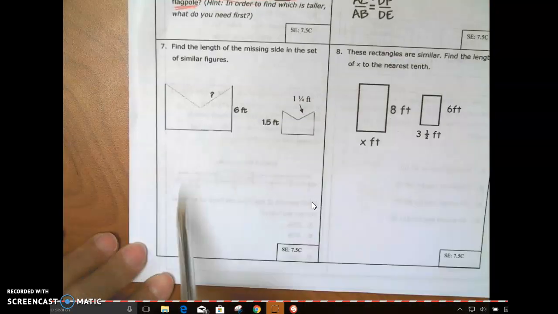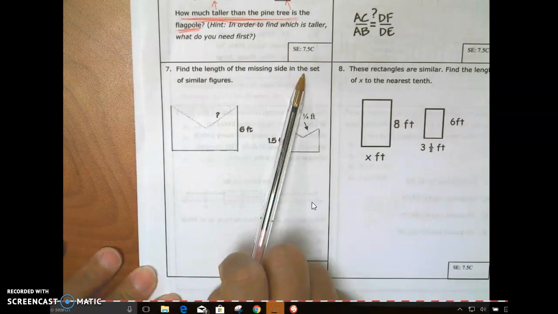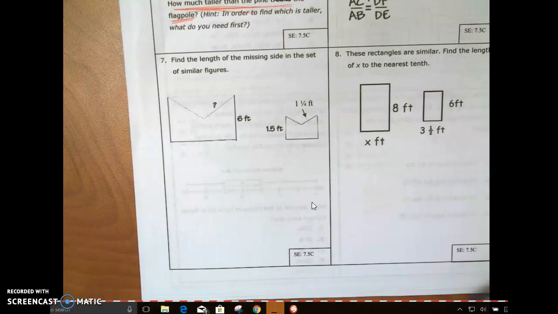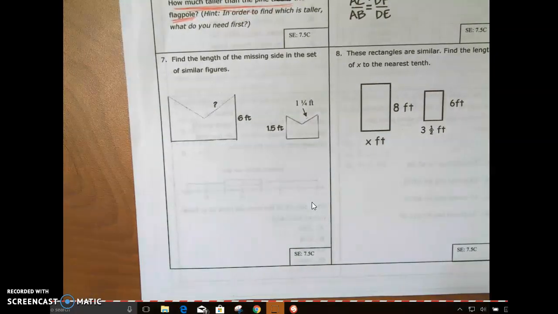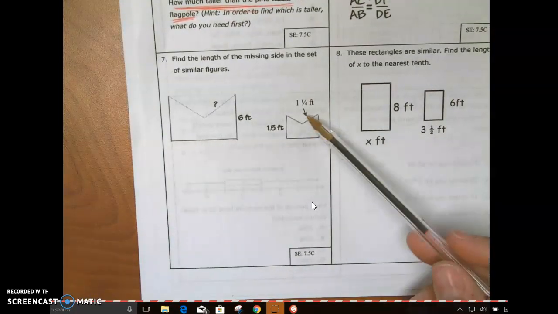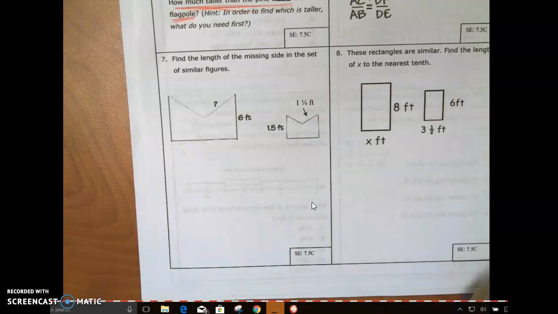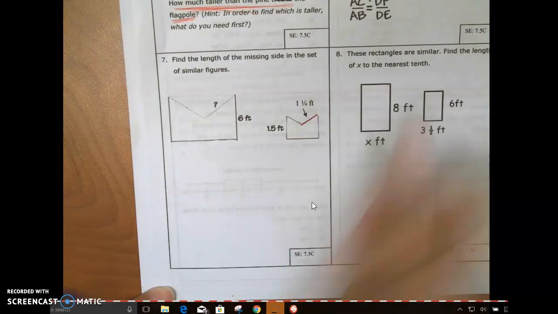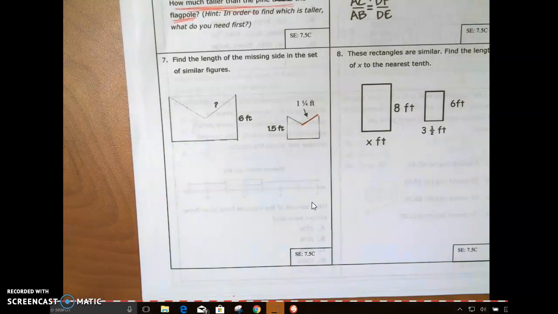Number 7. Find the length of the missing side in the set of similar figures. What am I supposed to do? What is this arrow pointing to? Which side? Is it diagonal or straight up and down? Diagonal side. This side right here. So, what do I need to do?